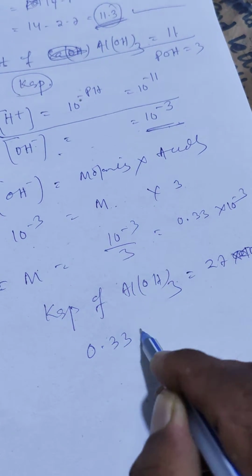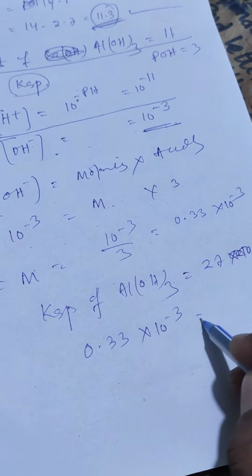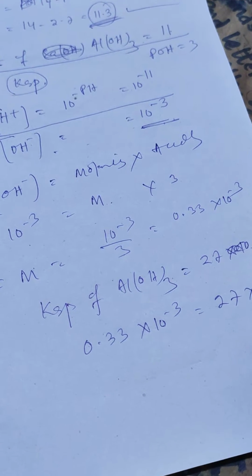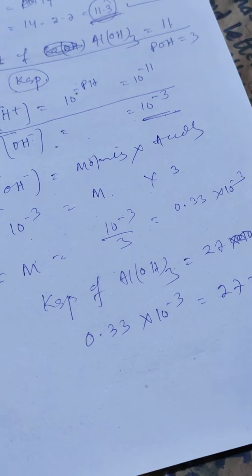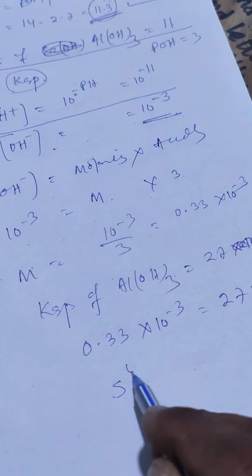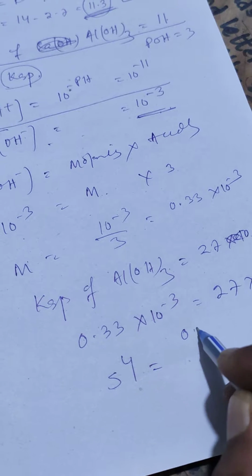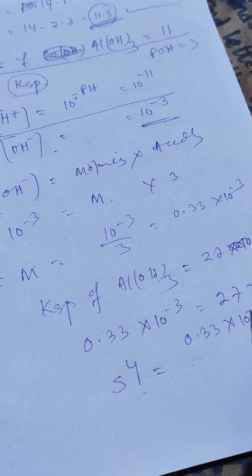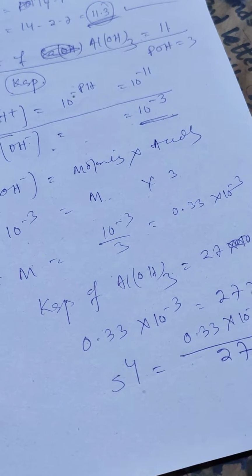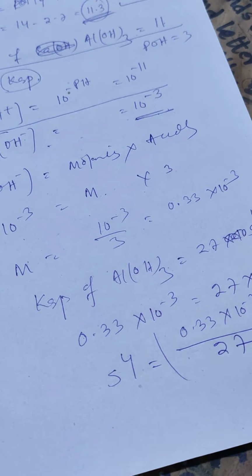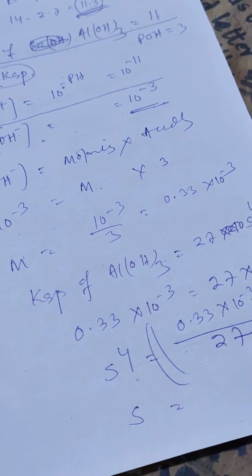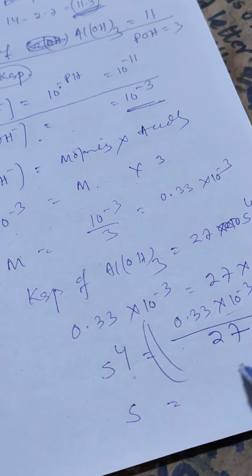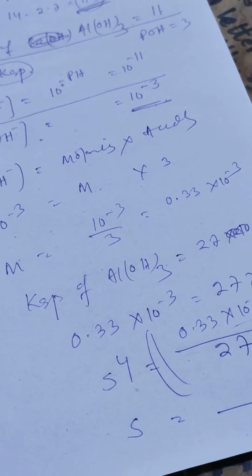So 0.33 into 10 to the power minus 3 is the s, and Ksp is equal to 27s to the power 4. That means s to the power 4 is equal to how much? 0.33 into 10 to the power minus 3 by 27. It is a little bit of calculation, we can take the power 1 by 4 and calculate what value is coming here.